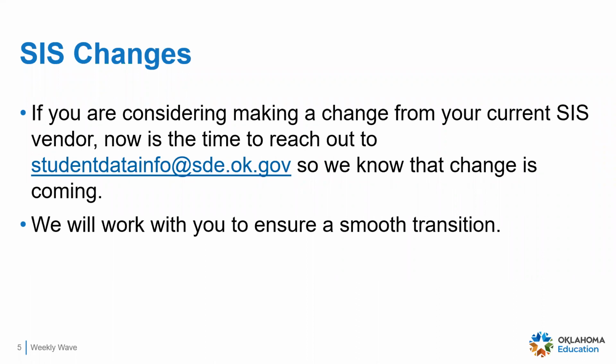So be sure, if that's occurring at your district or you're even considering it, you might want to reach out to studentdatainfo@sde.ok.gov. Does anybody have any questions about that? Or comments?